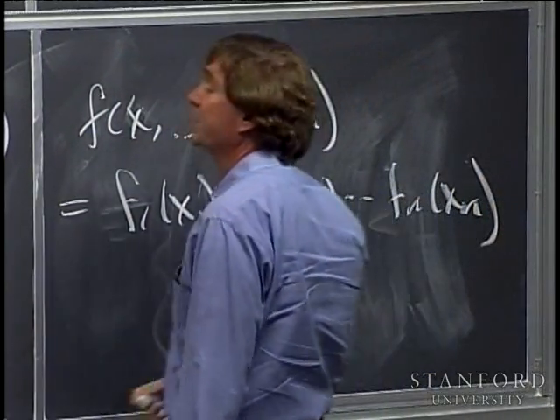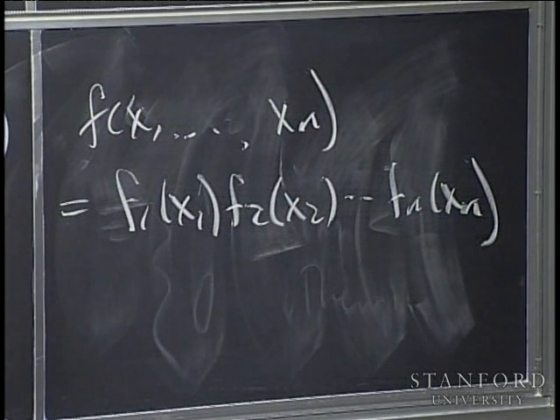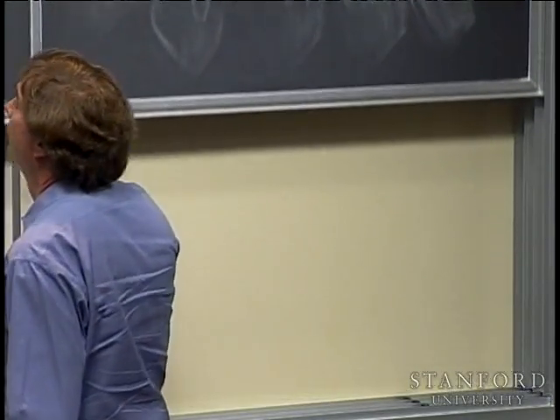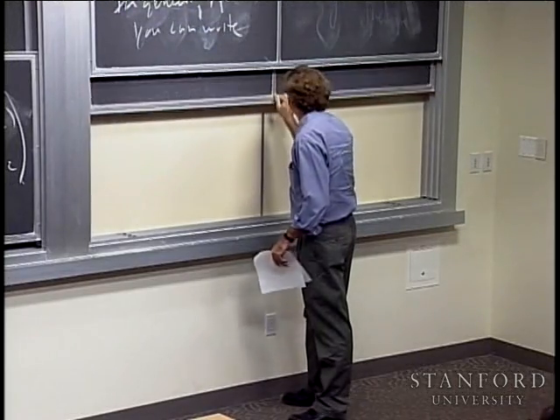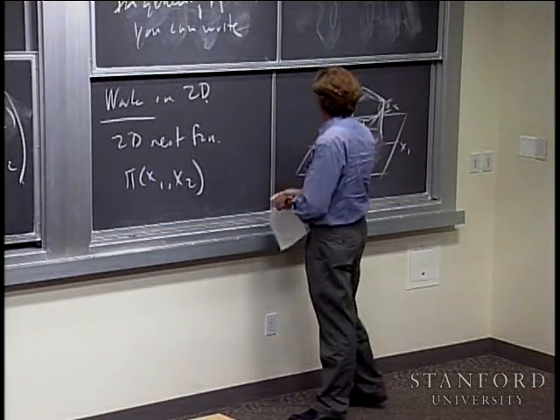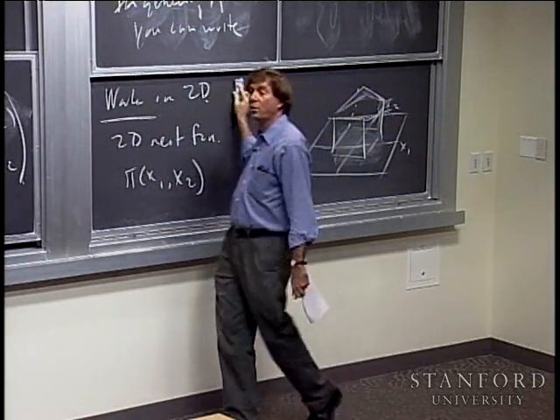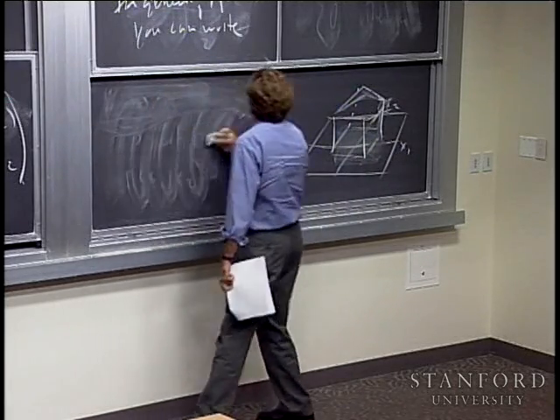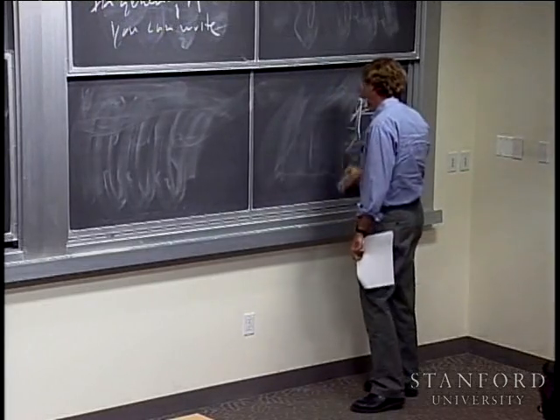I'm not saying that there's a procedure for doing this, and I'm not saying that it's always possible. It's not always possible, and there's not a procedure to do it. But when you can, then the Fourier transform of the function of several variables can be written as the product of the Fourier transforms of the functions of one variable.